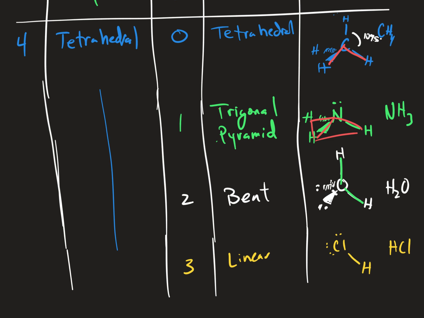So the generic formula might be something like AX3, right? Okay, I see that now. There might be a little bit more detail on there, and there's a hybridization on there. We're not going to need to know that for this class, okay? If you're taking higher chemistry, then maybe.